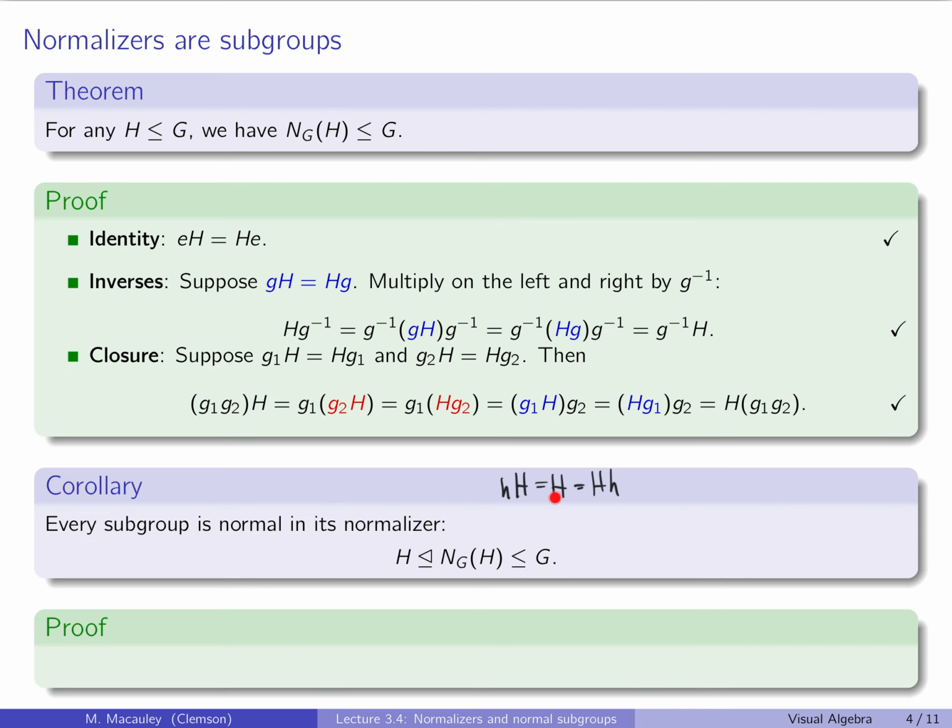So everything in H normalizes H. So that means that H is contained in here, and it's trivially normal, I claim. So just by definition, GH equals HG for all little g in the normalizer of H. And that's what it means for H to be normal in the normalizer. Everything literally normalizes it. So that's that.